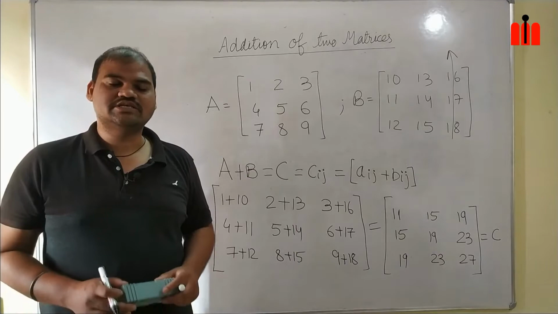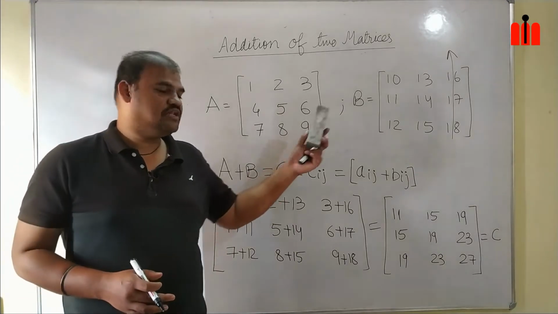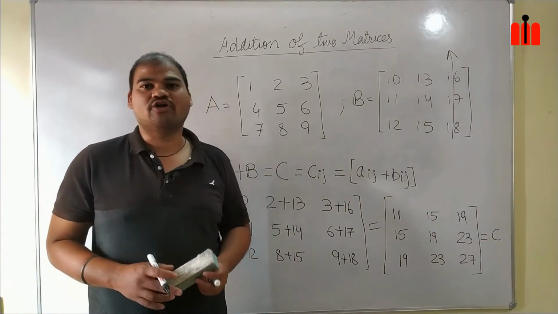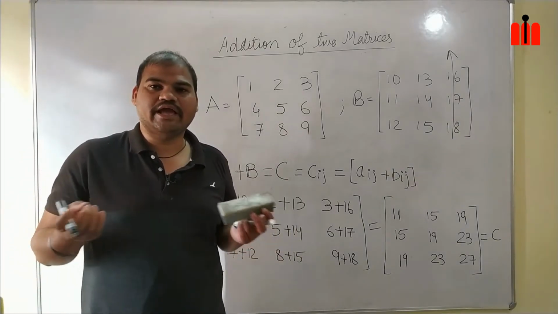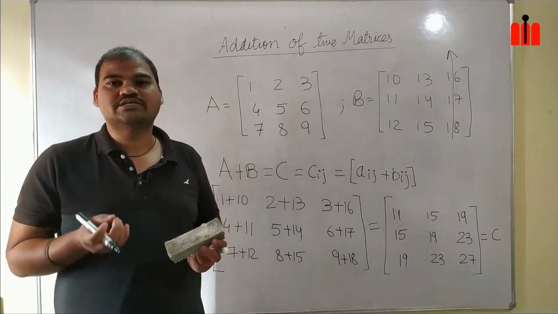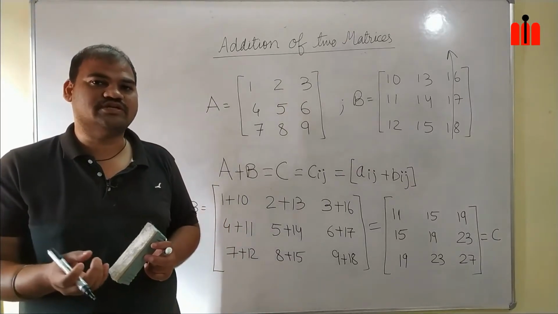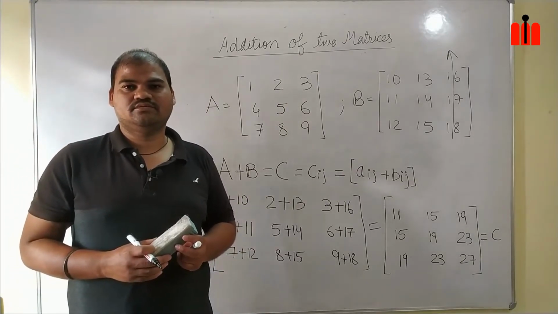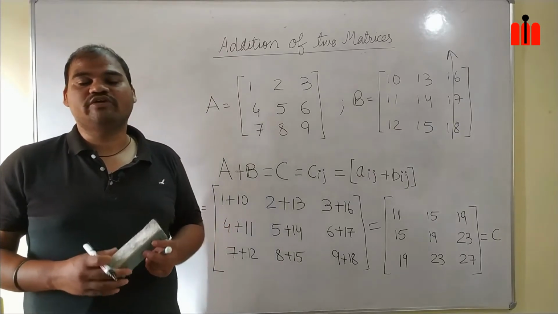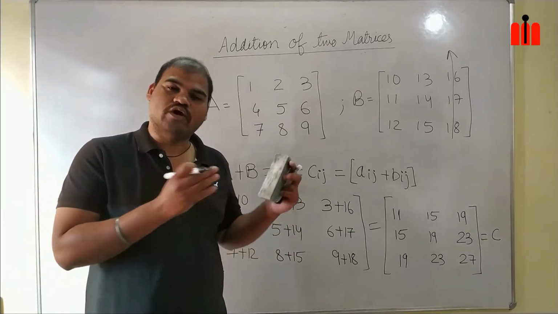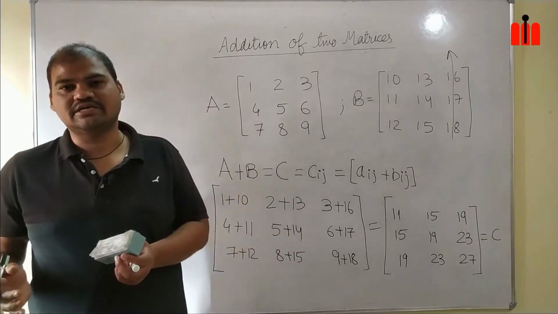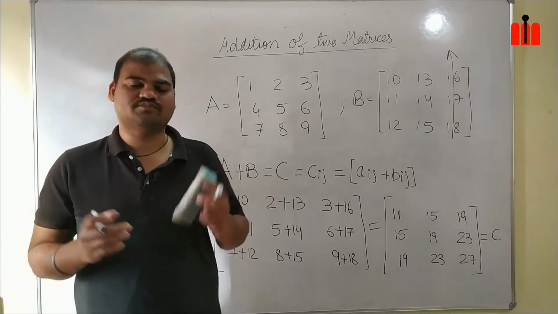So this is the reason that when the two matrices are of different sizes, we can't find the corresponding elements of some of their rows and some of their columns. Are you getting it? We can't find the corresponding elements of one matrix to the other in certain rows or columns.